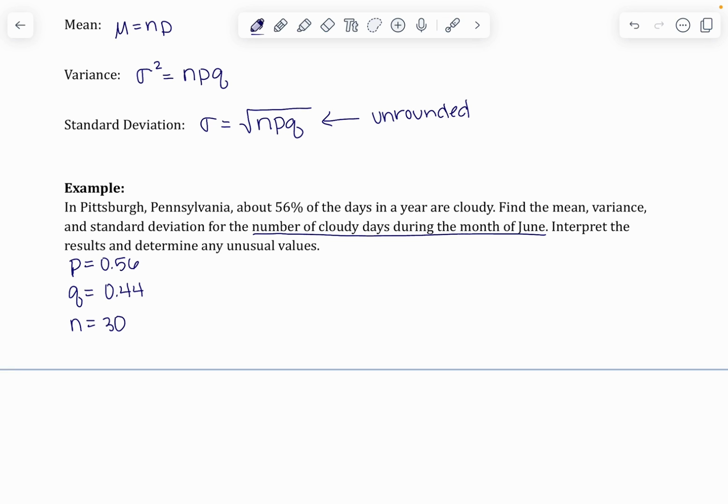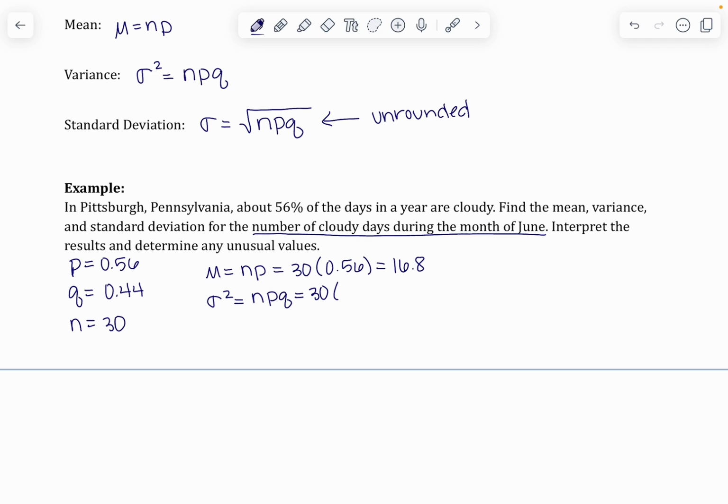All right, so first thing, finding our mean. Mu equals n times p. So we have 30 times 0.56, which when we multiply those, we get 16.8. Our variance, so sigma squared, equals n times p times q.